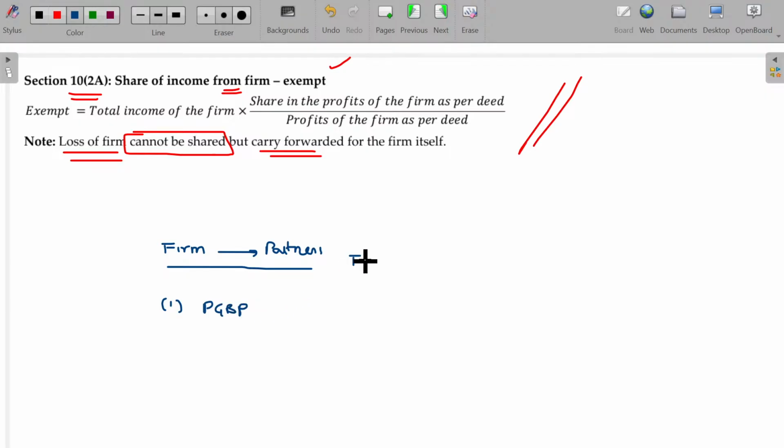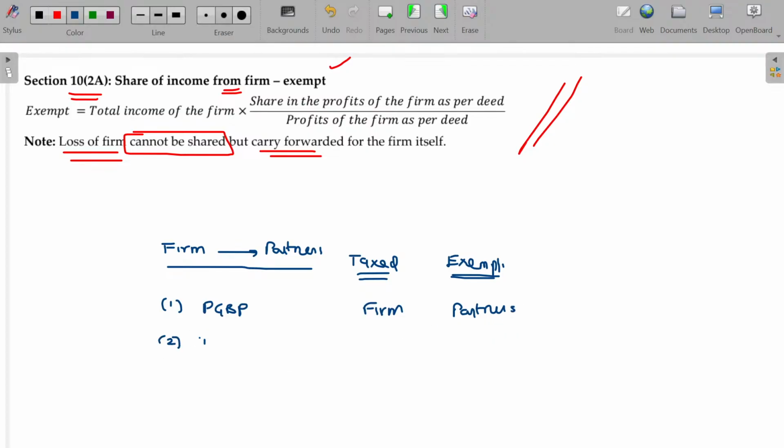Taxed in the hands of whom? Firm. What about partners? It will be exempted. Exempt in the hands of the partners on receipt.